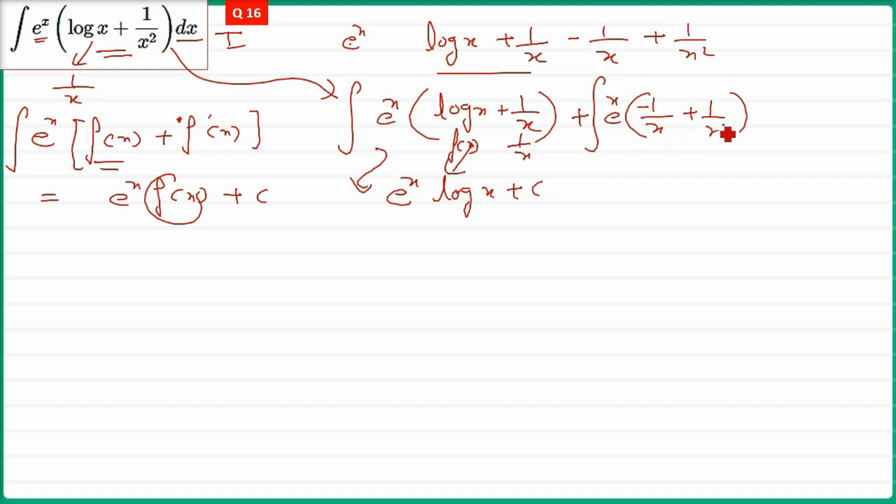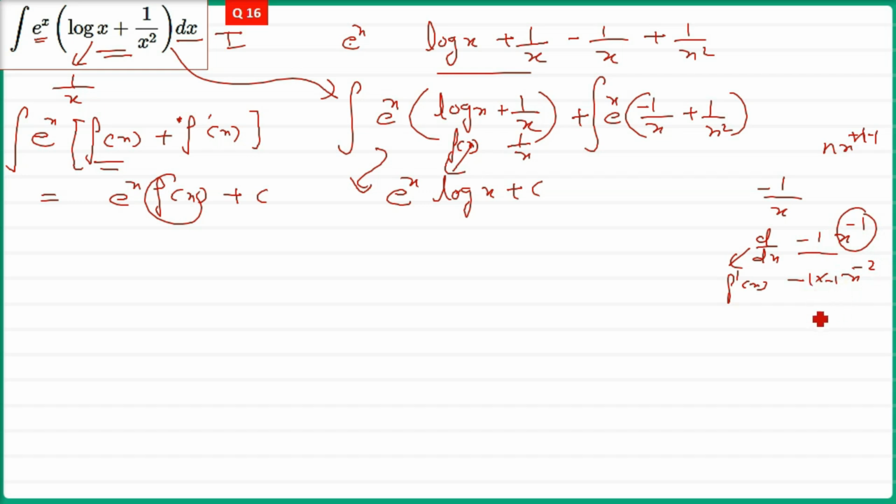Now e raised x times (negative 1 by x plus 1 by x square). If you take this negative 1 by x as some value and differentiate it, x raised minus 1, so this minus 1 will come in front, d by dx of negative 1 by x will be what? It will be x raised minus 2, and minus is already there. So minus 1 times x to the power negative 2, that will be the result.